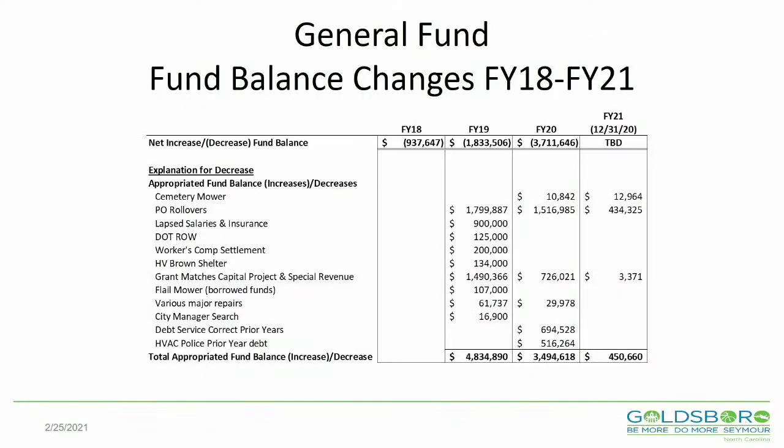All right. And then really in fiscal 19, how we get down to appropriated fund balance of 4.8 million, there were several error corrections that I was taking care of. And these were prior year things that had happened. The one biggie, I think, is really like the grant matches, the 1.5 million.